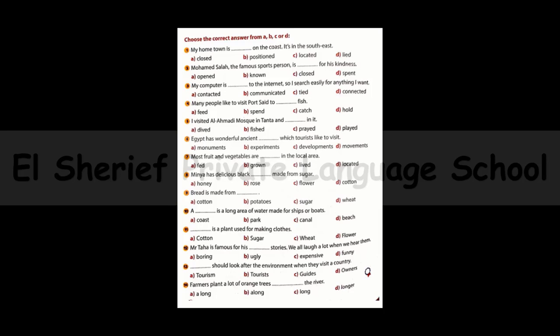Number 14, farmers plant a lot of orange trees along the river. And yes, it will be along the river. It's letter B. Farmers plant a lot of orange trees along the river.